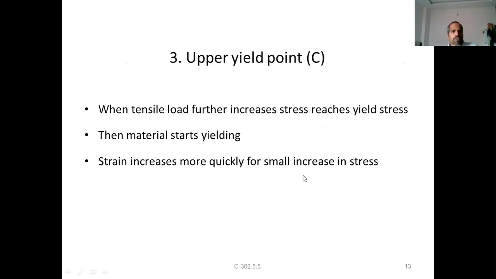After the elastic limit, the yielding starts, which means the deformation increases more, but the increase in stress is small. Along the x-axis we draw strain, so deformation will be more, but the increase in stress will be very little. That is what is called yielding.